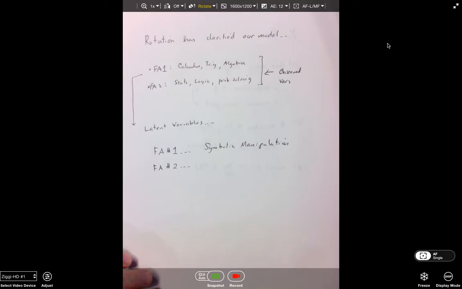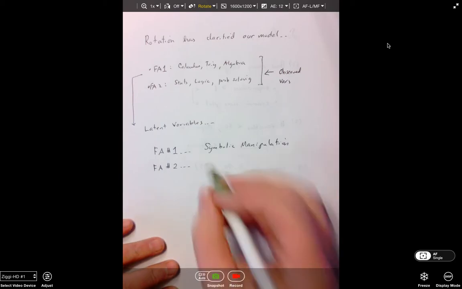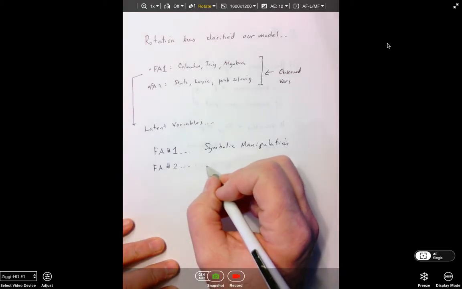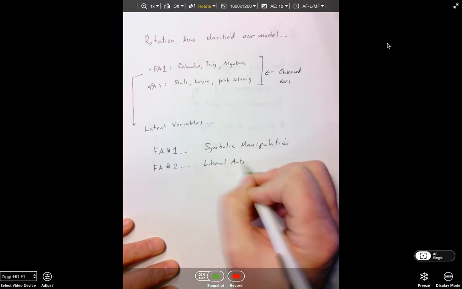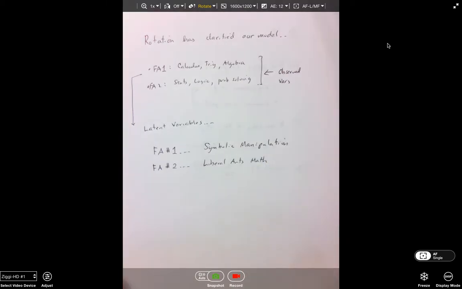The latent variable underlying factor 2, statistics, logic, and problem solving, now, I don't really know what I would call that. Maybe more of a liberal arts math. I don't know. Probably a better term for that. That's one of the most frustrating things about once you run factor analysis and you get these things that load on these particular factors. What do you call them?